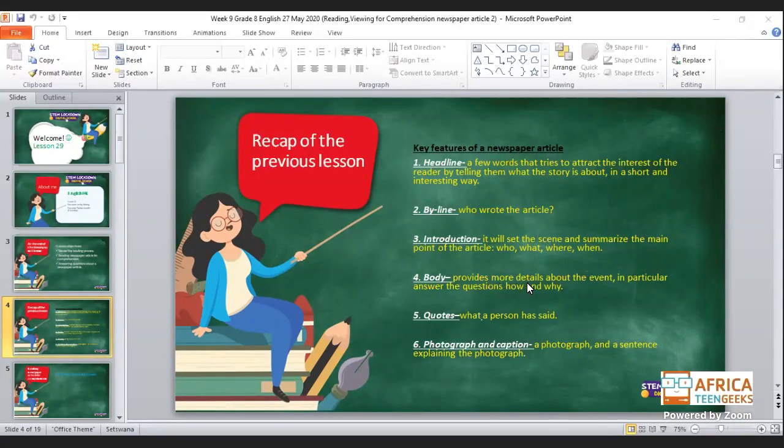The body provides more details about what the article is about, and it answers questions such as how and why. Then you have quotes, which talk about what a specific person may have said. And we also said the newspaper article will have a photograph and a caption which tells us about that photograph. So that's what we did yesterday, and I hope you still remember it.